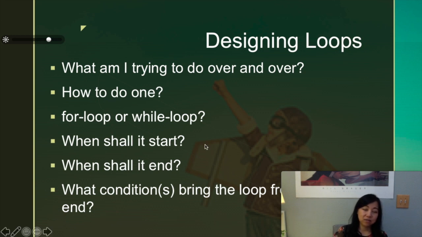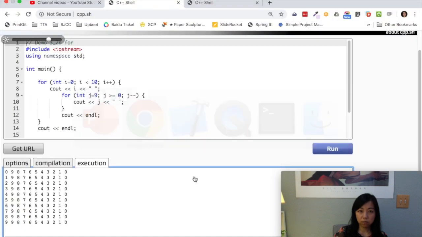When should it start? It always starts with a certain condition and ends with a certain condition. So in a for loop, it's easier. Usually it starts with a number of 0, for example, in our example, and it ends at the number 9. So when we look at the code, we would see this beginning condition, ending condition, and how it got updated.